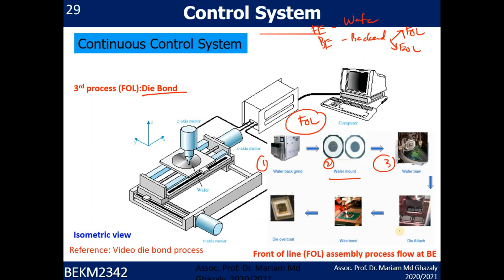Fifth is wire bonding, which is similar to soldering, soldering the chip onto the point. Lastly is the die overcoat. These six processes are the front of line process. You can look in the video that I shared on the front of line and end of line processes in semiconductor.